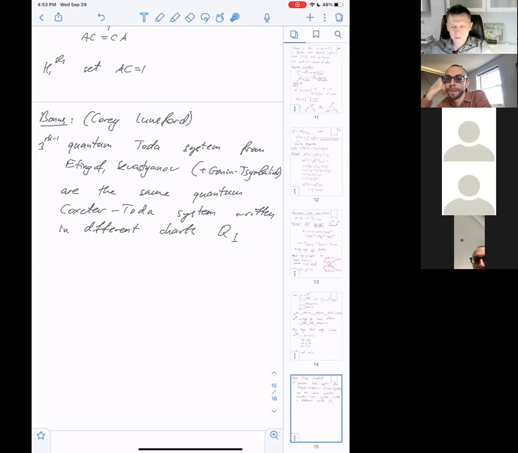Sasha, but am I right that your quantization in cluster variables corresponds to the quantum group, which is a quantization of the Poisson-Lie group? Yes. So indeed, when you quantize the double Bruhat cells, right?